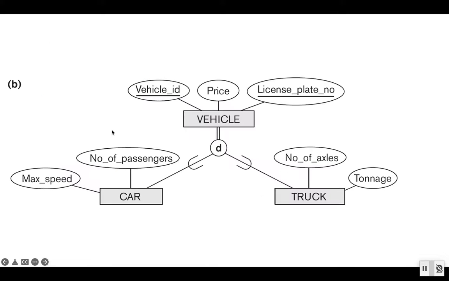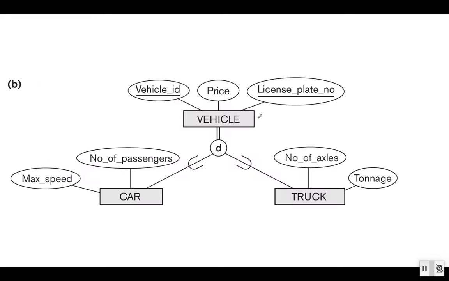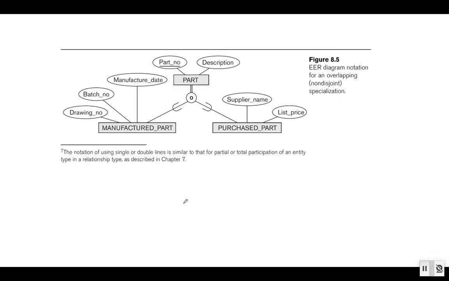I will have all the common attributes like vehicle id, price, license plate. Max speed and number of passengers belong only to car, and number of axles and tonnage belong only to truck.